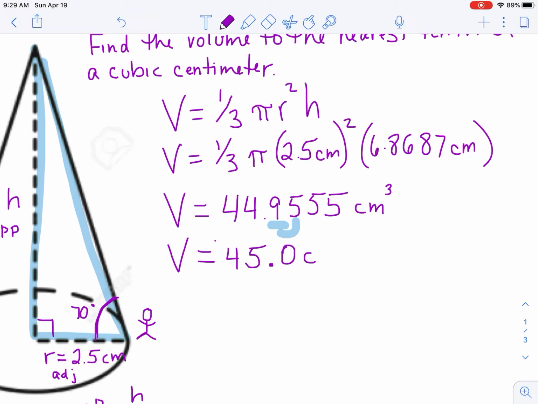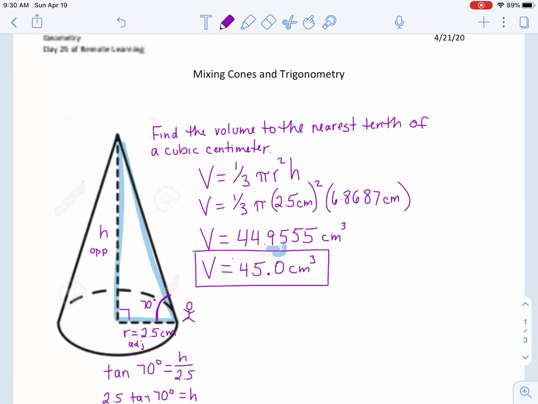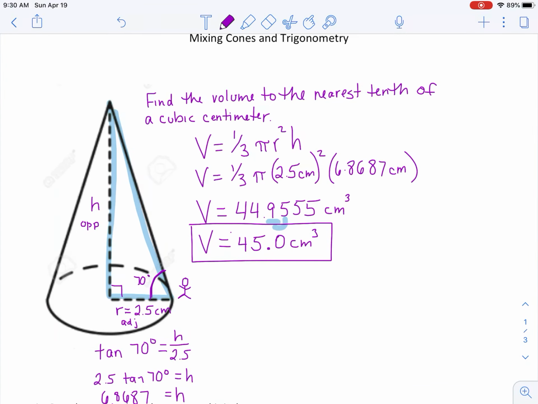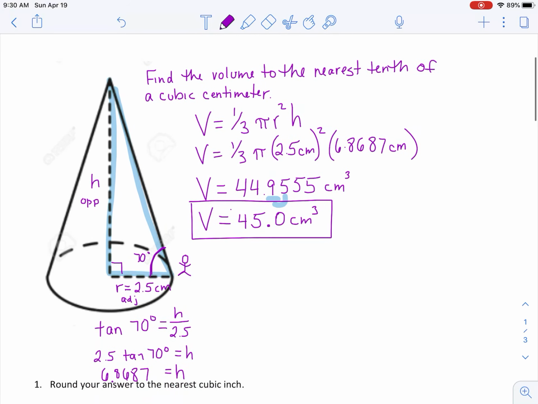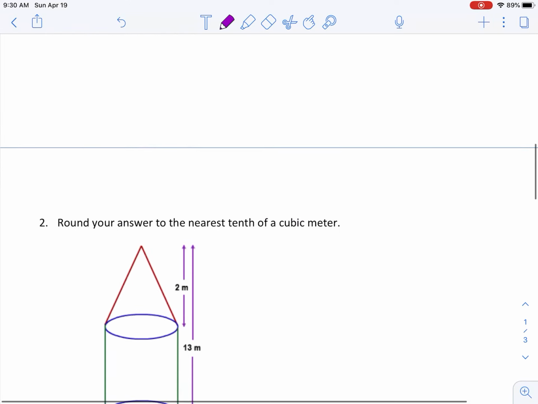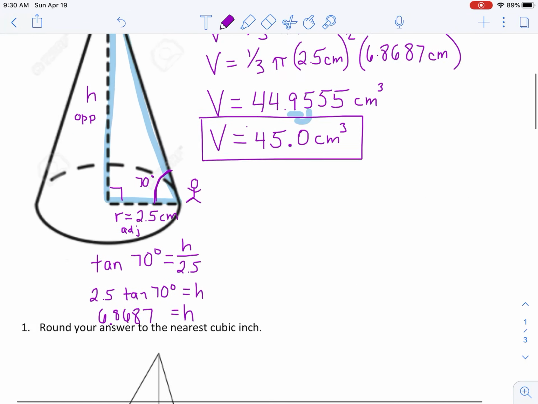Now, since it says to round to the nearest tenth, put the 0 there to prove that you rounded to the nearest tenth. Okay? 2 lessons in one. One on interesting rounding, one on trigonometry. Lucky you guys this morning. All right, so now you just have a couple of questions.